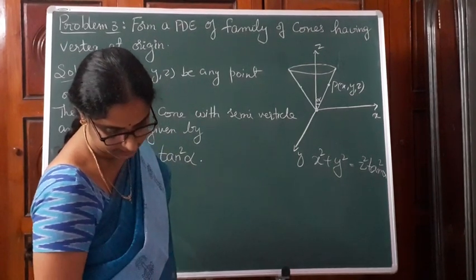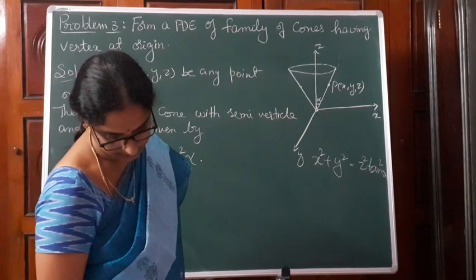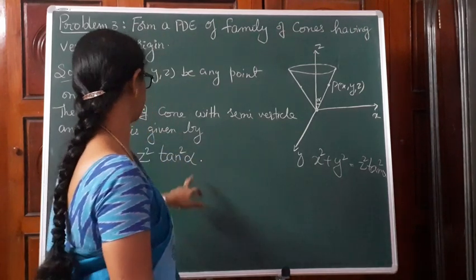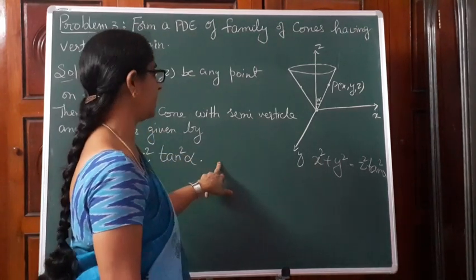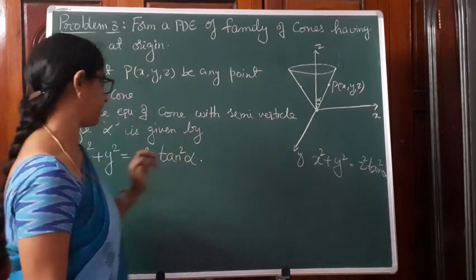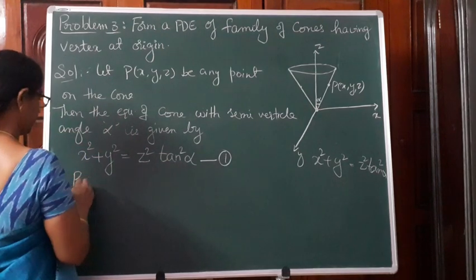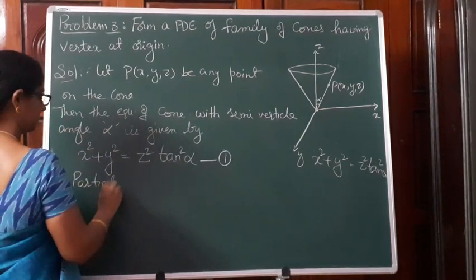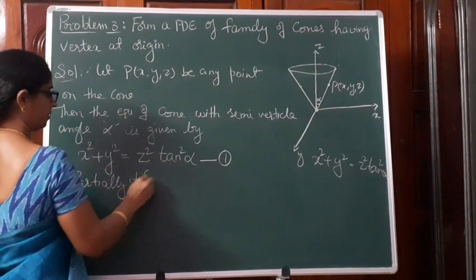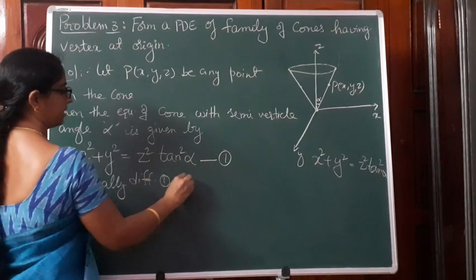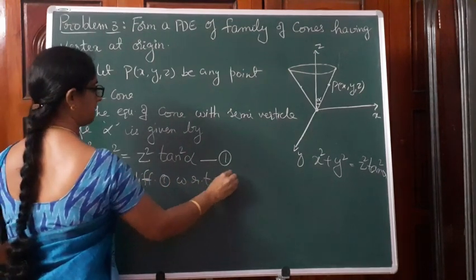Now what we do here is we first partially differentiate the equation with respect to x and with respect to y and eliminate alpha from that. Call this equation number 1. Partially differentiate 1 with respect to x.